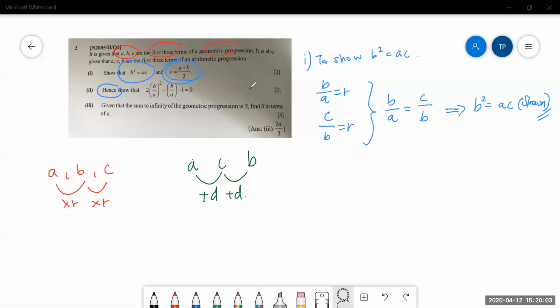So what is the term that we need to substitute? Using B squared equals AC and the other equation. Can you do that?